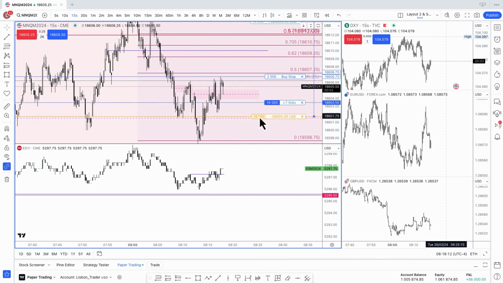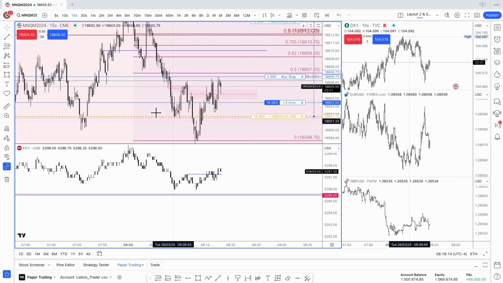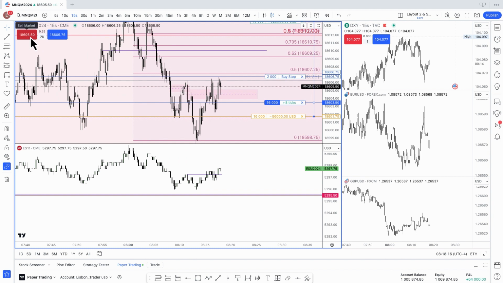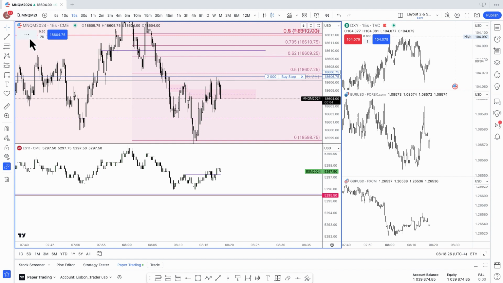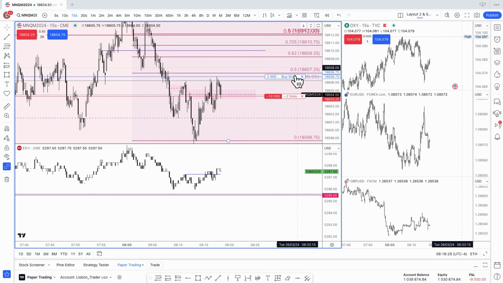Put 50k on the stake. Put something into balance. Seems to want to go lower.